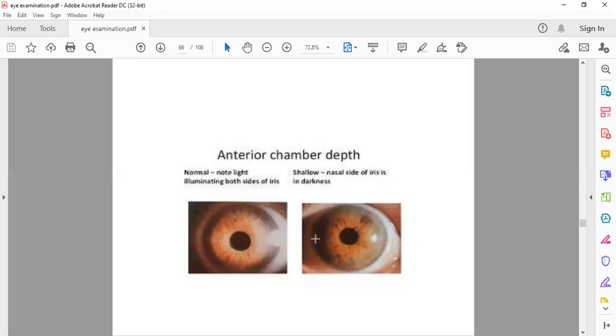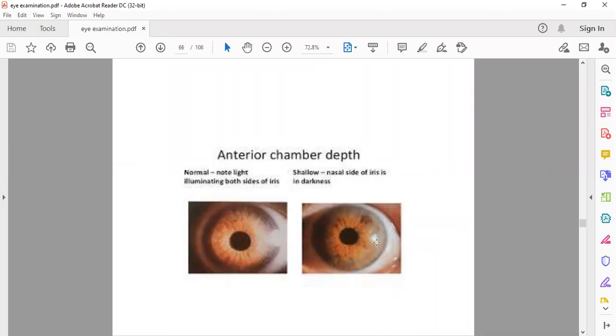The nasal side of the iris is in darkness, because the light is not able to pass from the temporal part to the nasal part. This is the condition called shallow anterior chamber. Normal anterior chamber depth is 2.5 millimeter. If it is more than that, it is called deep anterior chamber, and if it is less, it is called shallow anterior chamber.